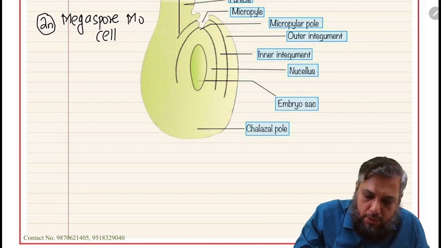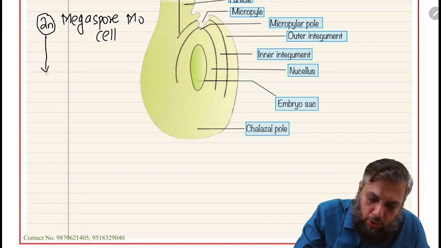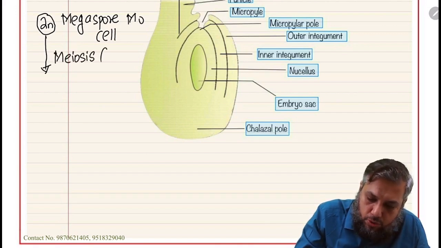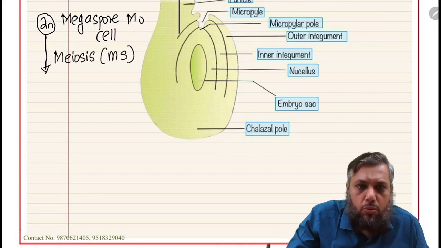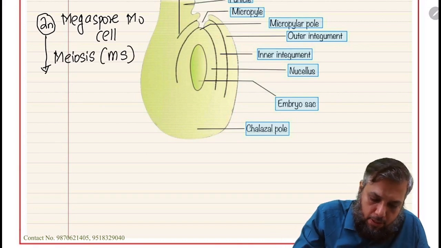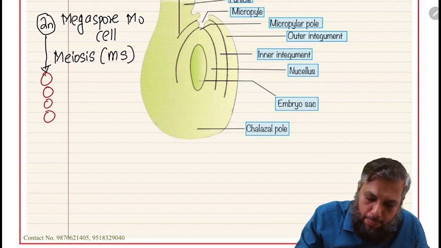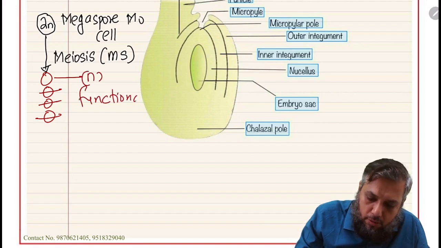And this megaspore mother cell undergoes a reduction division, which is called meiosis or megasporogenesis. This results in the formation of four haploid megaspores, out of which three degenerate, and one haploid megaspore is called the functional megaspore.